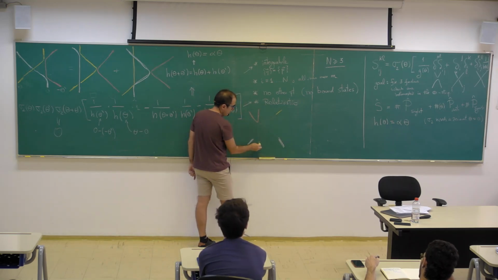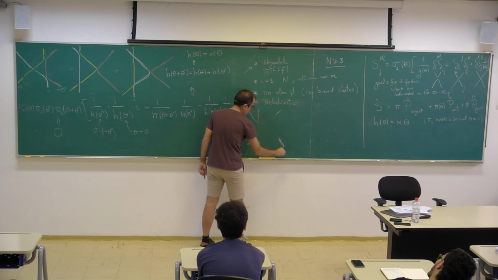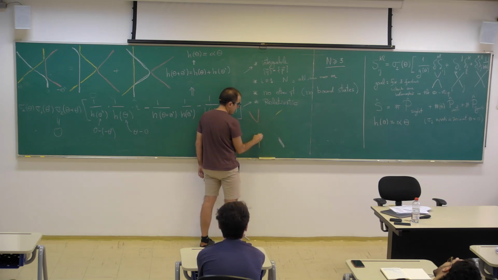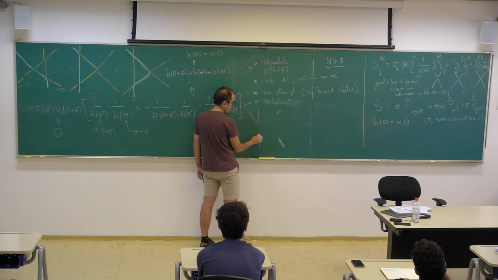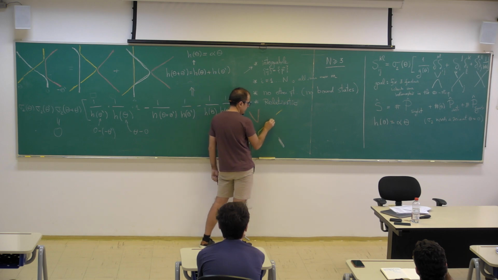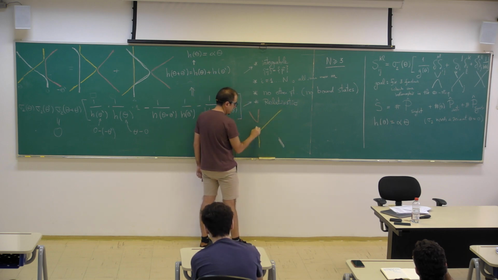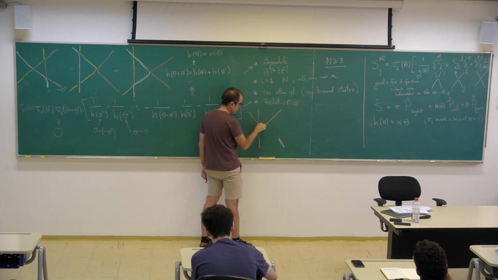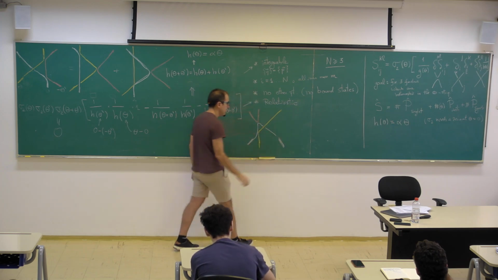So the yellow needs to go here. Can it do anything except turn? Let's see. It could. So there are two options. One option is it turns. Then if it turns, the rest is totally fixed. The rest is there is a reflection and there is an annihilation and a transmission.